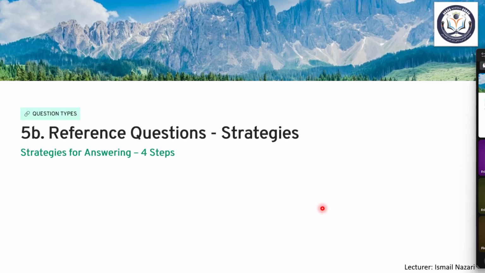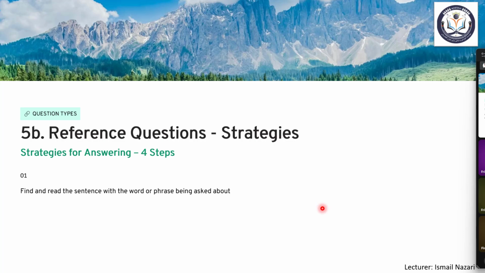So the next thing is how to answer. What strategies can we use in order to answer the reference questions? The first tip: we need to find and read the sentence with the word or phrase being asked.